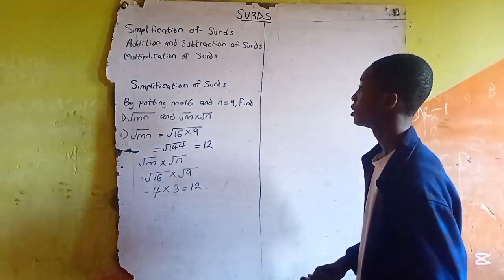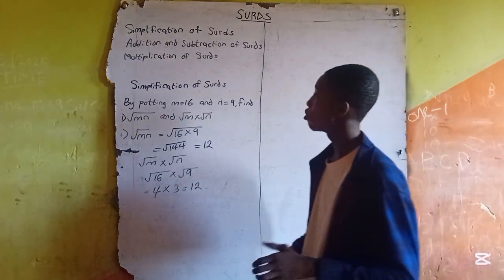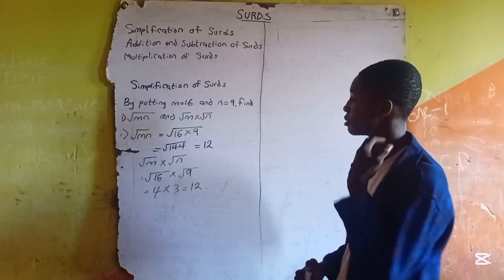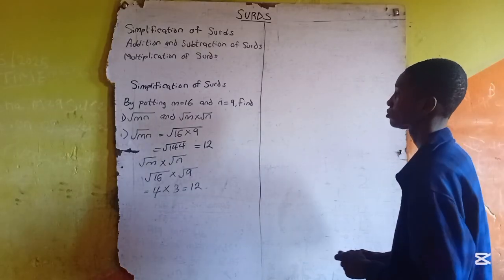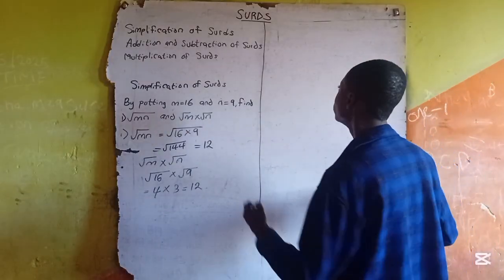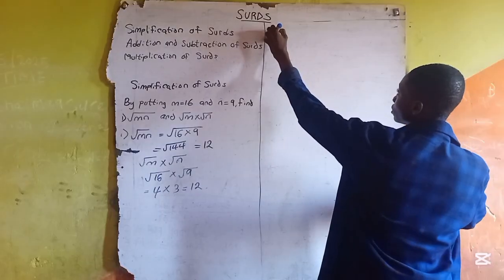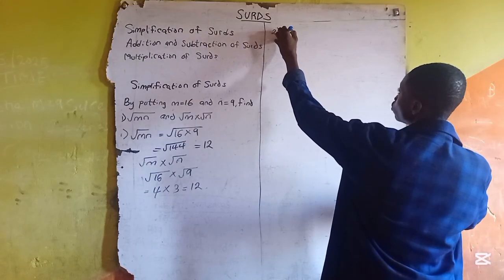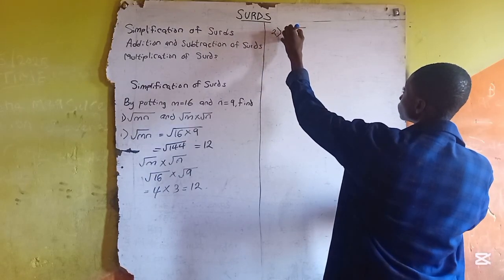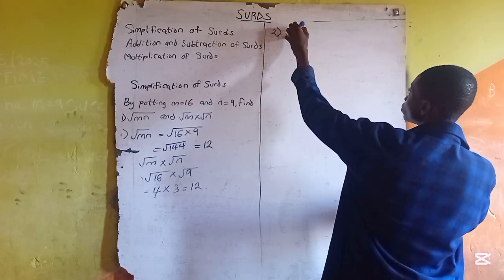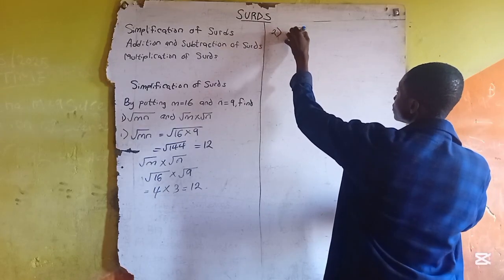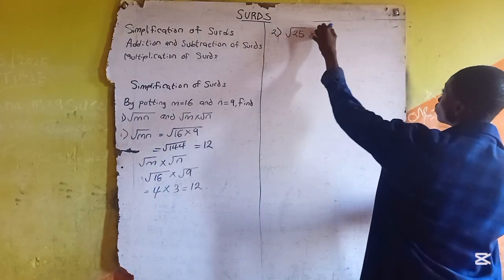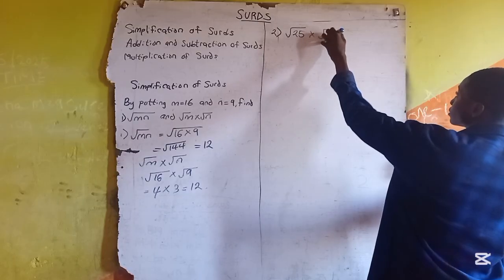Let's do one more example. Let's say we are given root 25 multiplied by root 16.